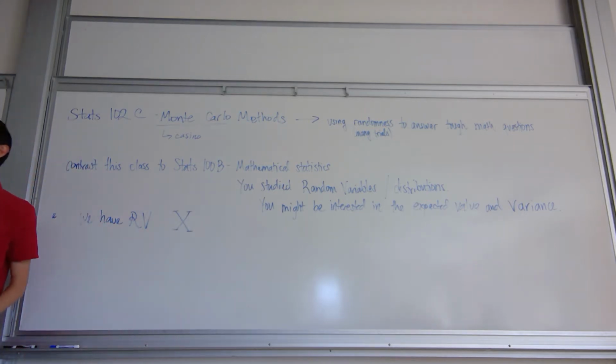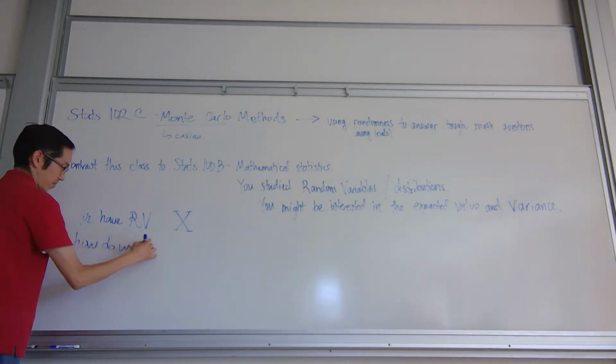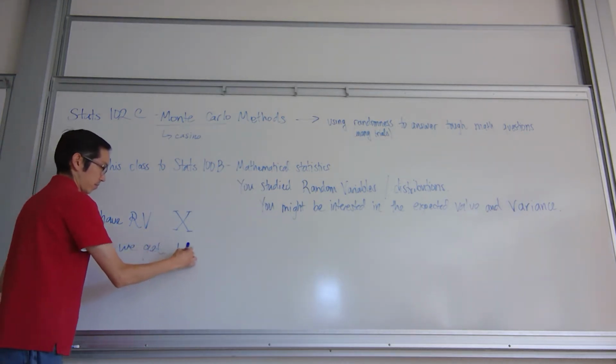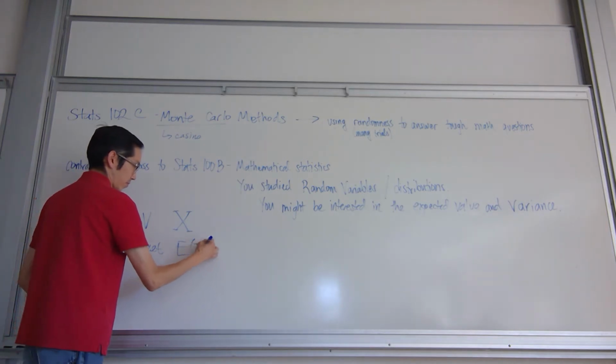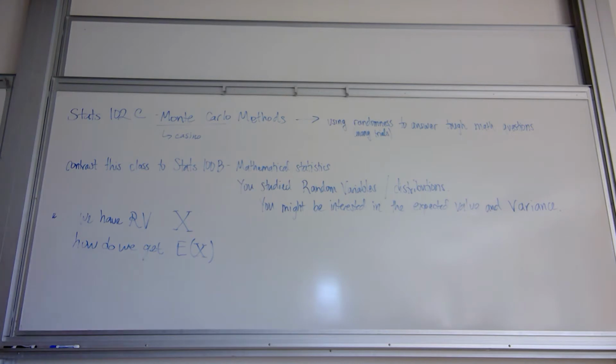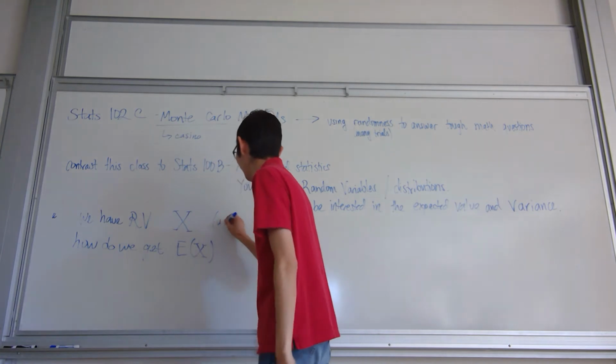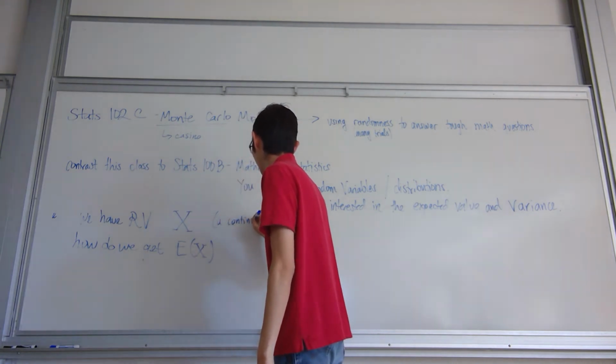How do we calculate the expected value? You guys learned this, right? Let's assume it's continuous. Okay, so we got random variable x, a continuous random variable.